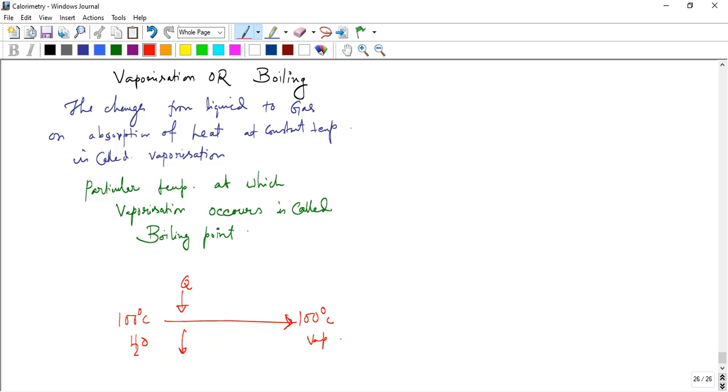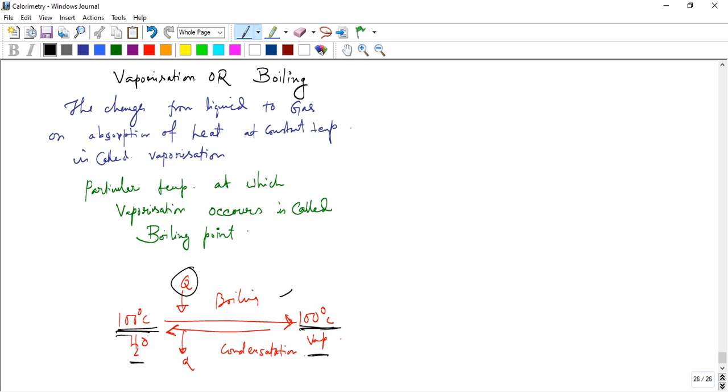When heat is released, this 100 degree centigrade vapor turns into liquid at 100 degrees, and this is called condensation. Those are two important things. Here you see that 100 degree centigrade water turns into 100 degree centigrade steam, and similarly 100 degree centigrade vapor turns into 100 degree centigrade water.